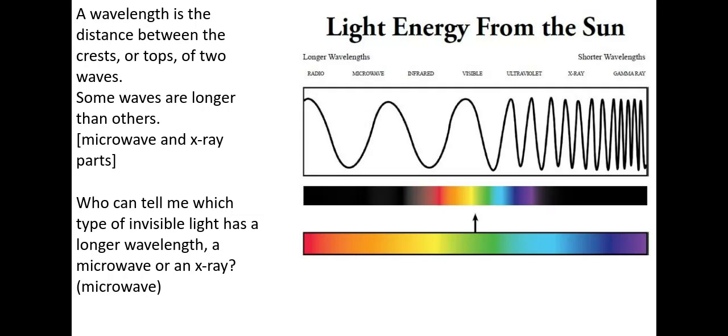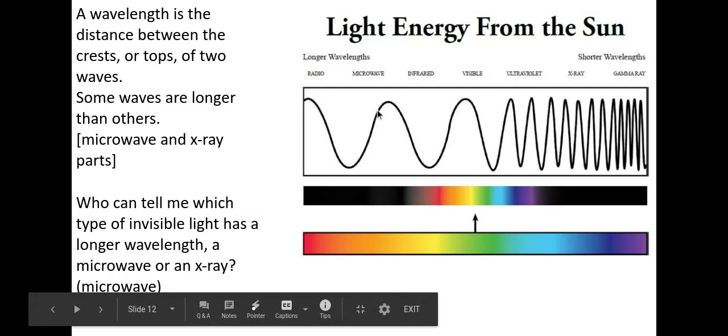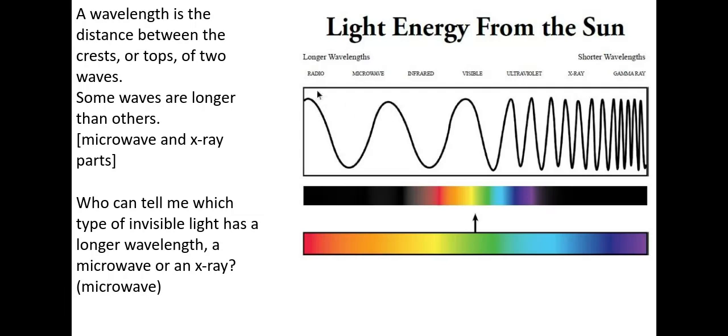Which has the longer wavelength, the microwave or the X-ray? Well, microwave is over here on the left, and there's more space between the peaks, the crests of the waves. Then over on the right, you see X-ray, and they're closer together.